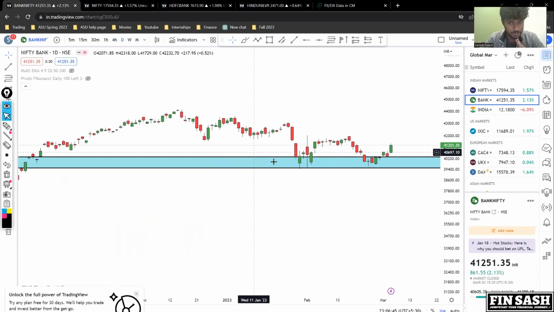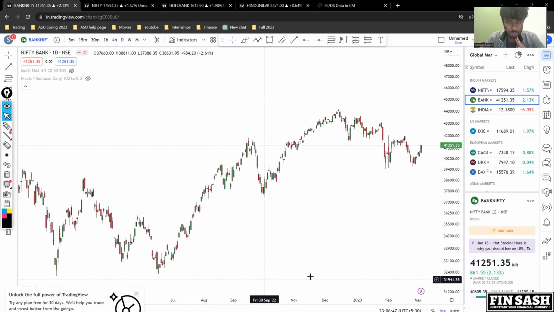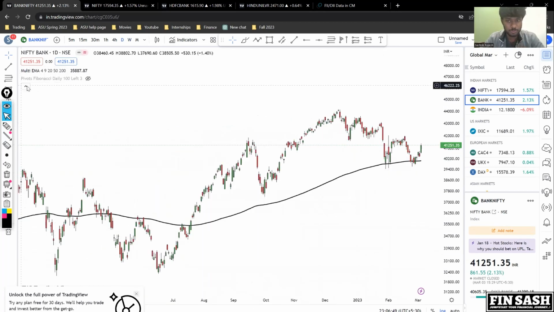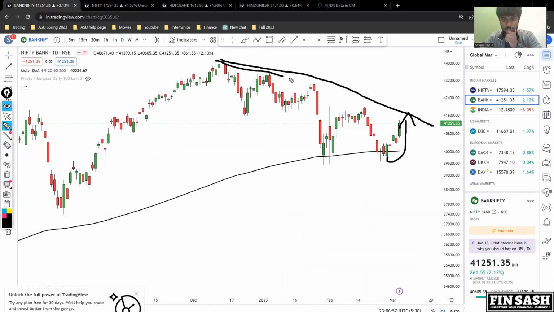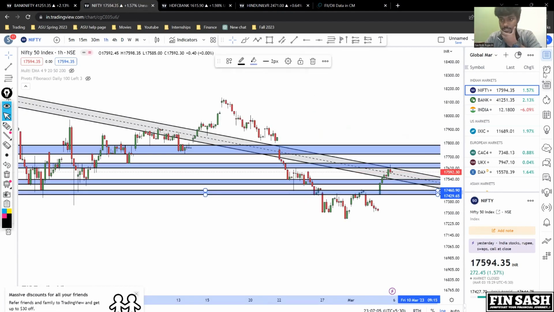The daily candle, if we open the 200 moving average, it took support from the 200 moving average and then started going up, and now it's near this important trend line. So that's the overall analysis. Let's move on to the levels right now.